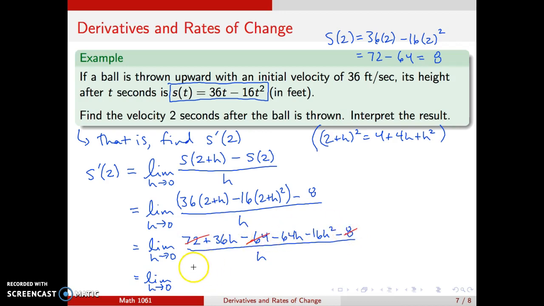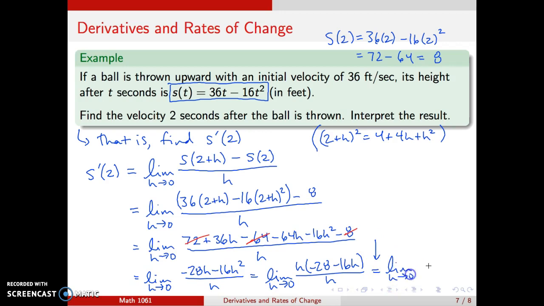And so what we're left with is 36h minus 64h, which would be negative 28h, minus 16h squared over h. And I've got a common factor of h in the numerator. So it's negative 28 minus 16h. And then the cancellation property allows me to do this.